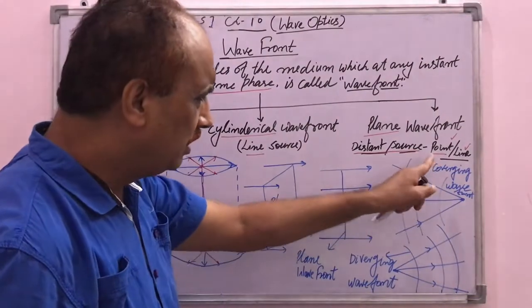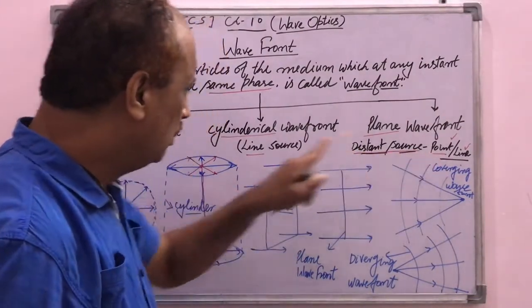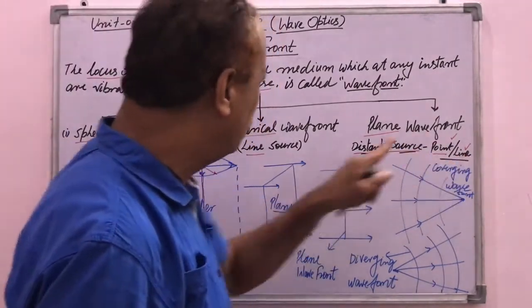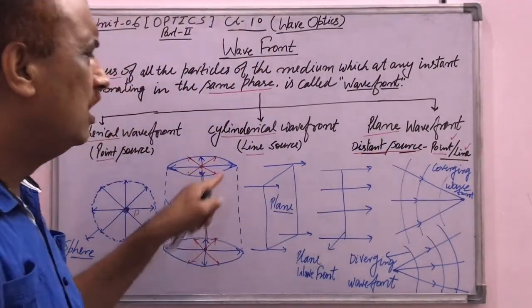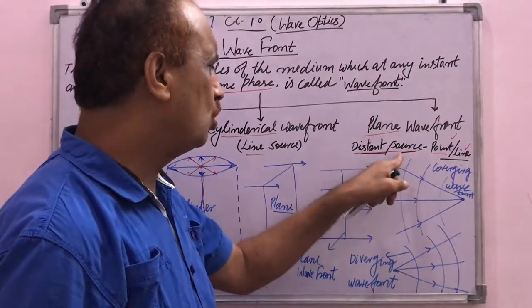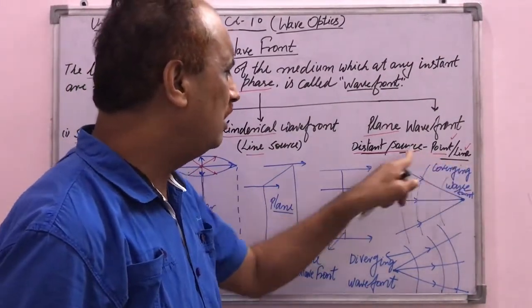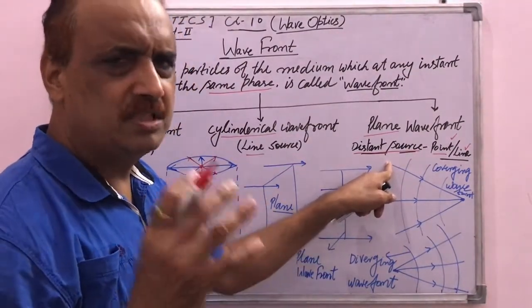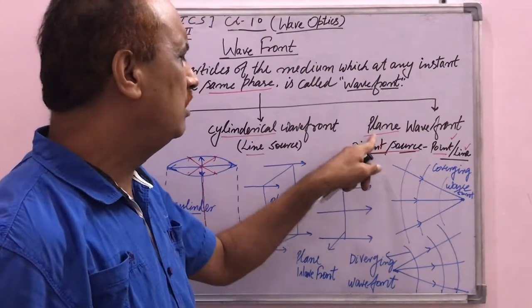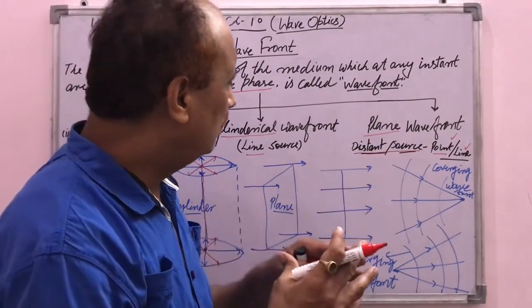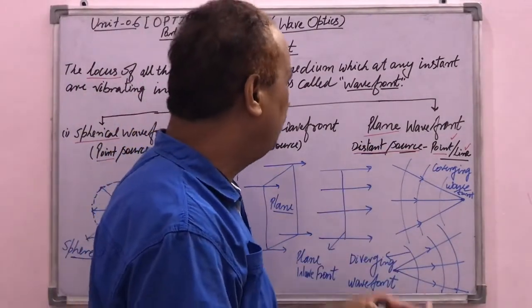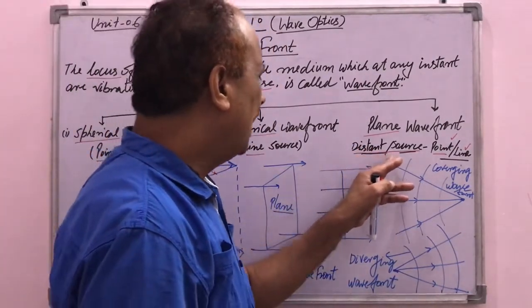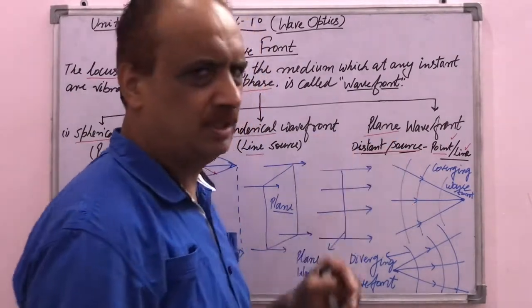If it is a point source, that will be a spherical wavefront. If it is a line source, it should be a cylindrical wavefront. So it means that when the source is a point or a line, but it is very far away from that particular measuring point, where we have to identify the plane wavefront, then it appears to be a plane wavefront.